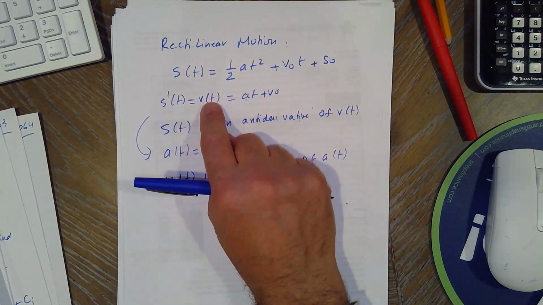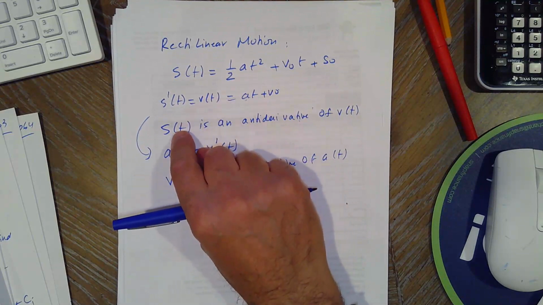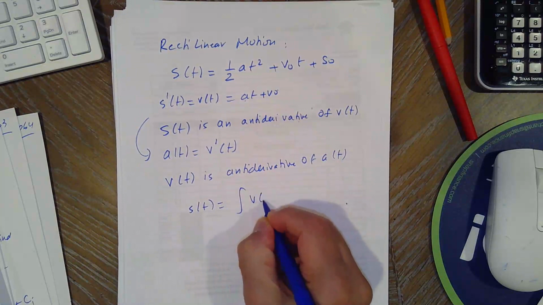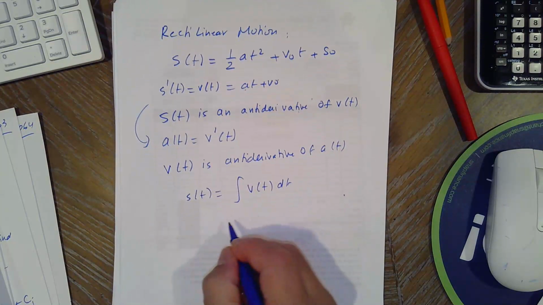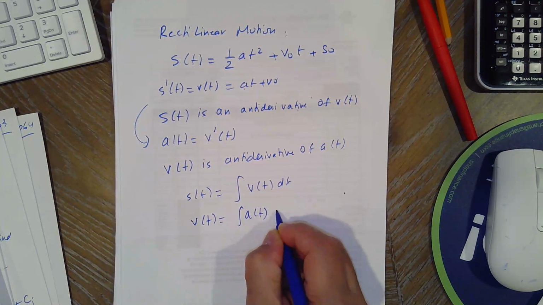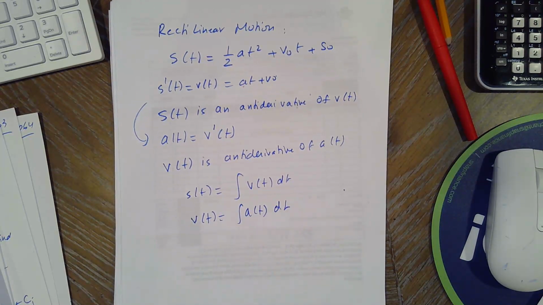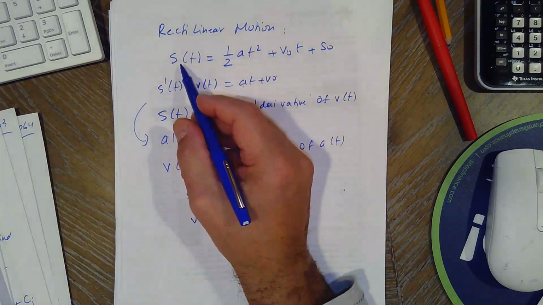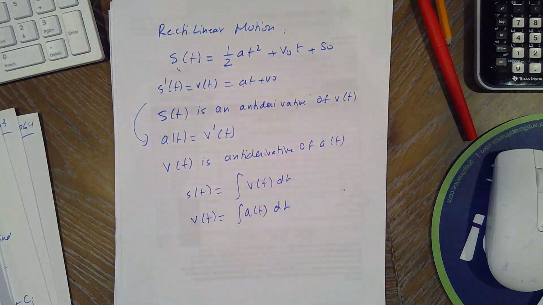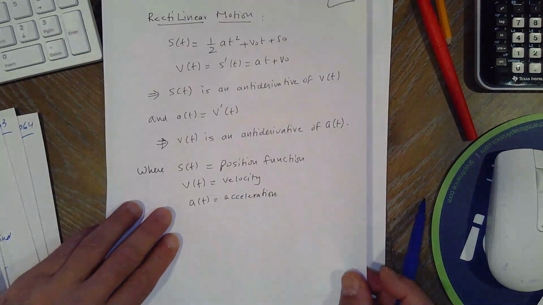If I'm given v and I want to find s, I will do an antiderivative, okay? And if I'm given a and I want to find v, I would do an antiderivative, just working backwards. Remember, s is the position function, v is the velocity, and a is acceleration. It's all in the notes, okay?